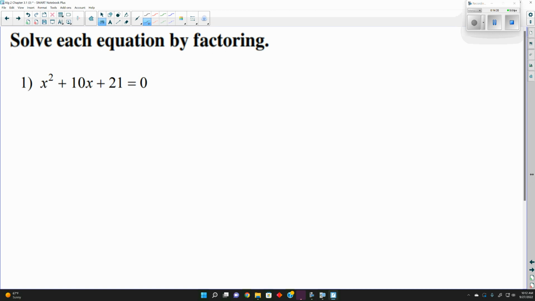That's where the zero product property comes into play. So we'll work through our factoring like we did yesterday. Our first thing is to determine if there's a greatest common factor. Is there one? No. So we write our two sets of parentheses with 3 spaces. And this time it's equal to 0.